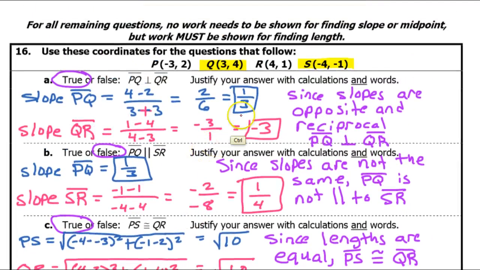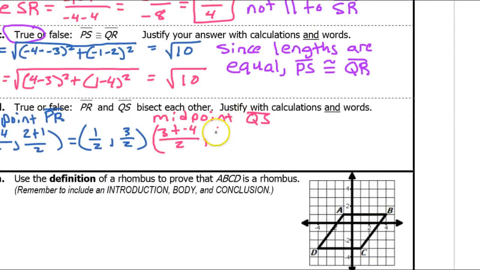And now the average of the y's, so 4 plus negative 1. That's going to be negative 1/2 and 3/2.